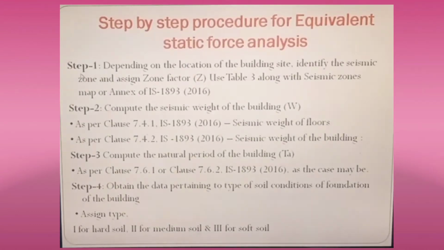The first step is, depending on the location of the building site, identify the seismic zone and assign the zone factor, that is Z. First and foremost, you need to identify the building site, and depending on that location, identify which zone it is and assign the zone factor.